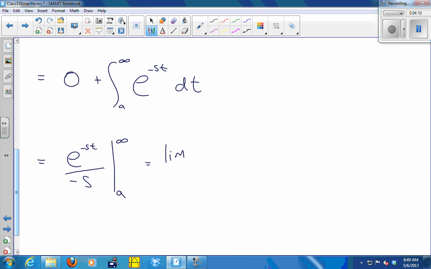This is the limit as b goes to infinity of e to the negative st over negative s, evaluated from a to b. Evaluated from a to b means plug in the b, plug in the a, subtract the 2, and then we'll take the limit after we've done our plugging in.